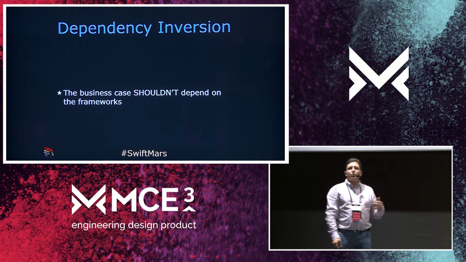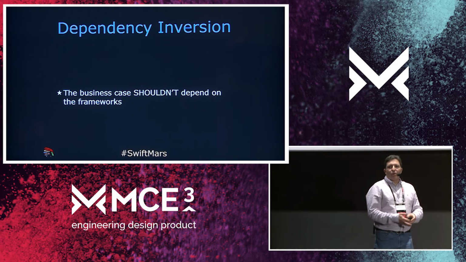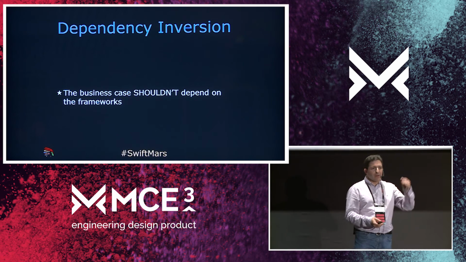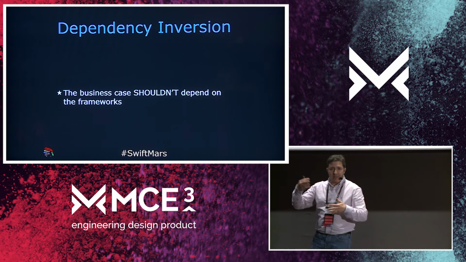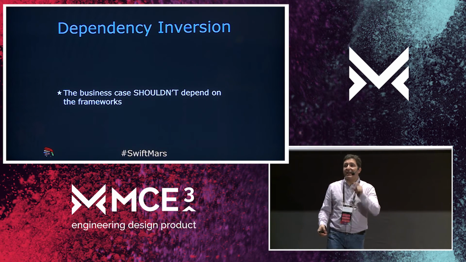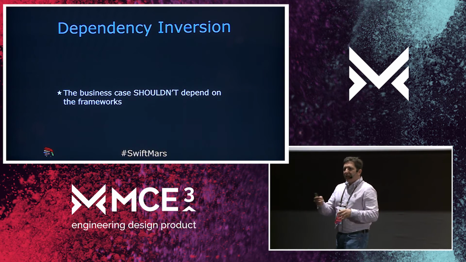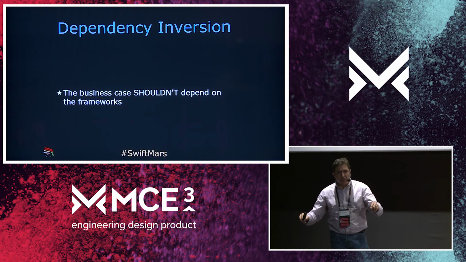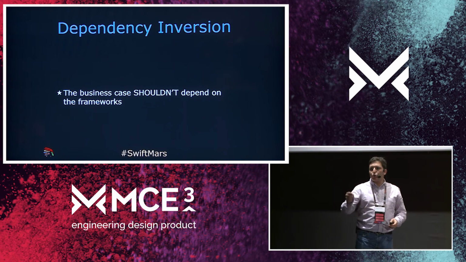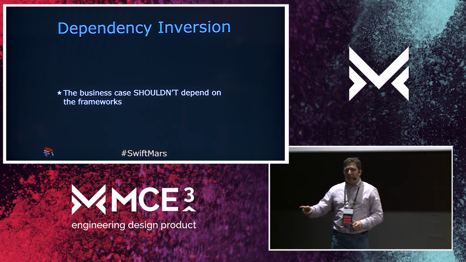So usually, if you're using Core Data or any other framework, you have mentions in your code that use a class that is part of the framework. Instead, what you would do is to agree upon an interface, agree upon a protocol, and then you talk to a class that implements that protocol.